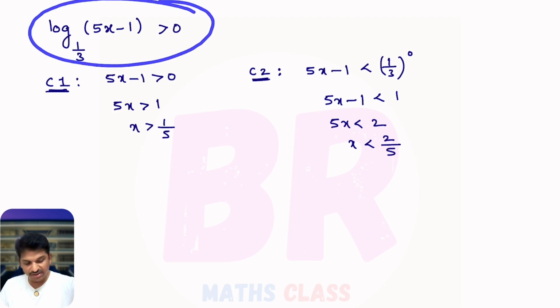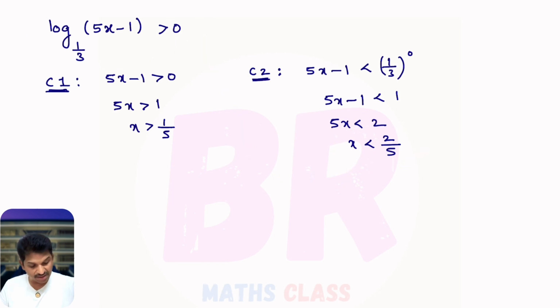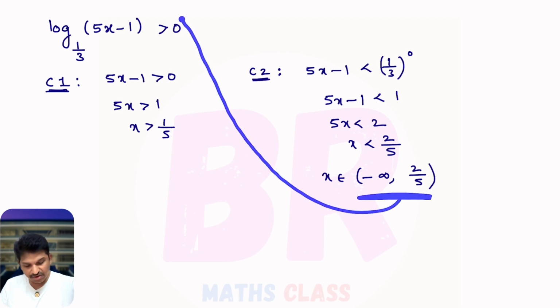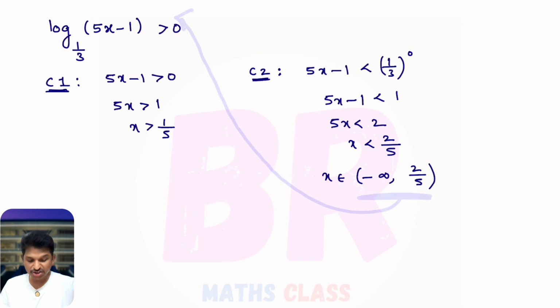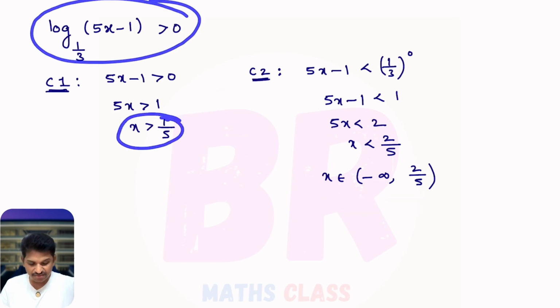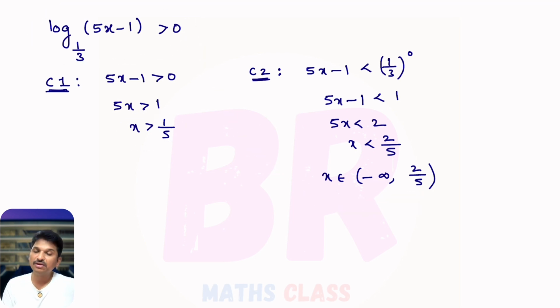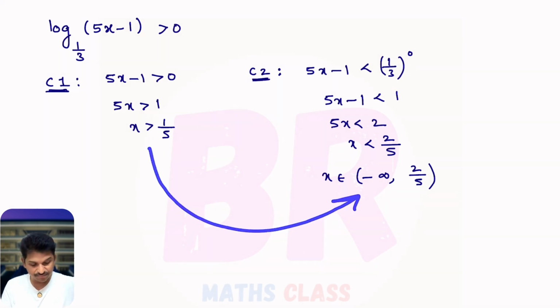Actually, we are solving this inequality, so these are the x values I got. So I'll write here, x belongs to minus infinity to 2 by 5. But not all x values will satisfy this, because this function is defined only when x is greater than 1 by 5. So you need to take the intersection of these two cases.